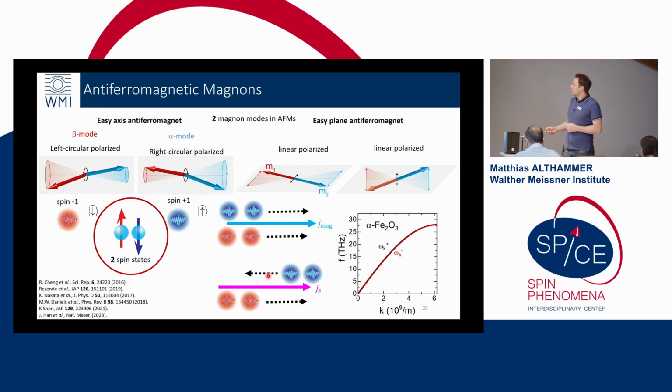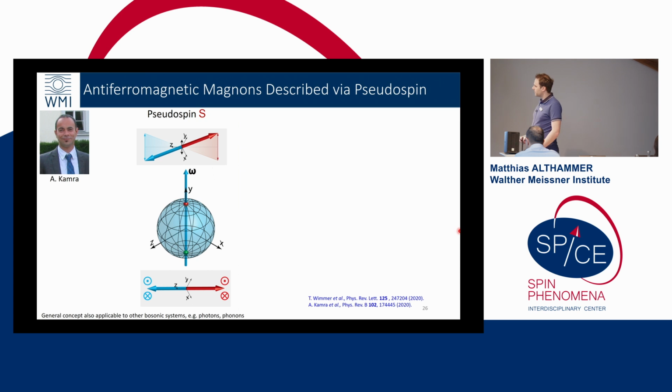On the other hand, if you think about an easy-plane antiferromagnet, there you will have the eigenmodes as linearly polarized modes. So there's one mode that is oscillating in this plane, and another one that is oscillating out of this plane. And if you go to large k values, these two modes will also be energetically degenerate in the system, because the antiferromagnetic exchange is dominating in these cases.